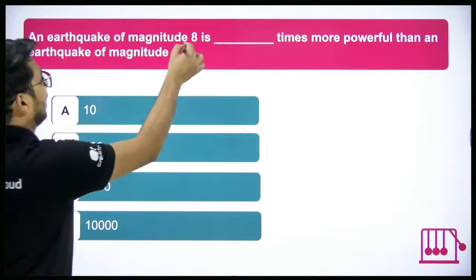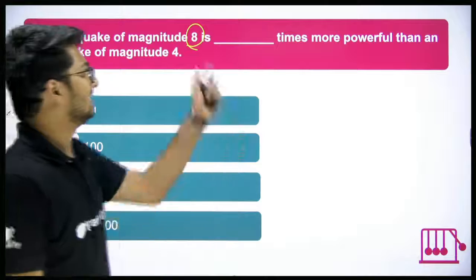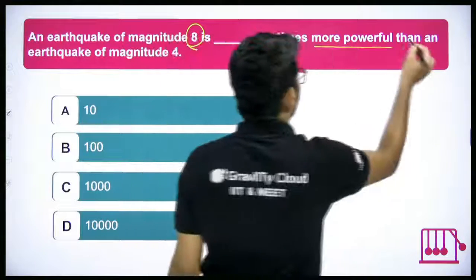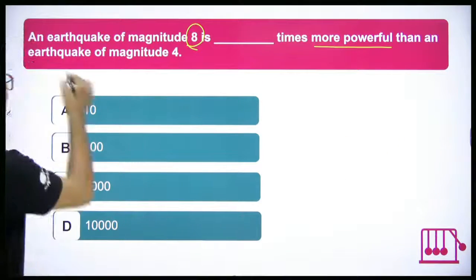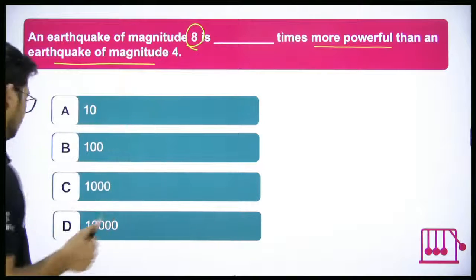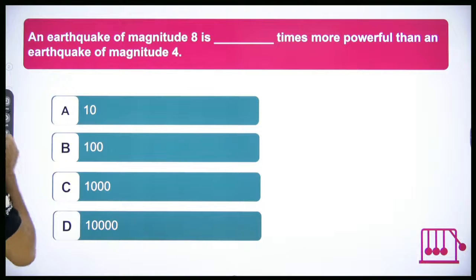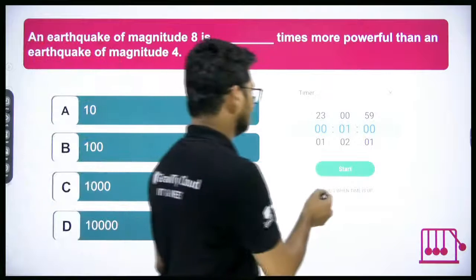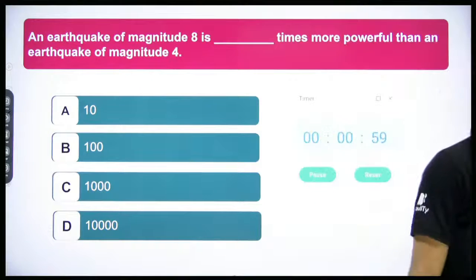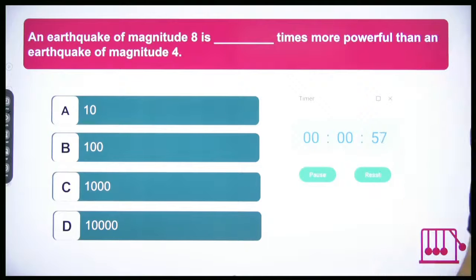An earthquake of magnitude 8 is dash times more powerful than an earthquake of magnitude 4. So I'll give you 1 minute of time for this. Please solve it. A very interesting question. I'll give you a clue. Remember that logarithmic scale.